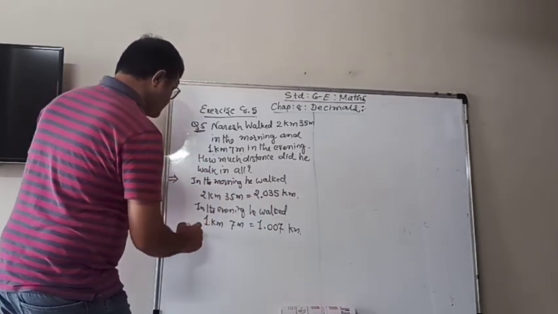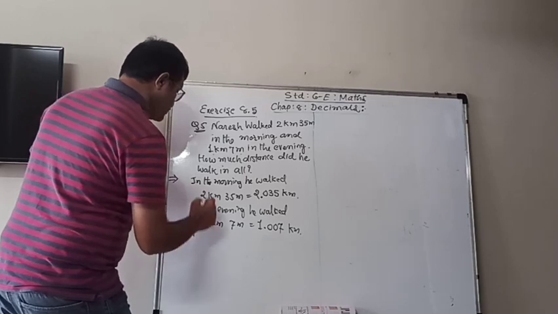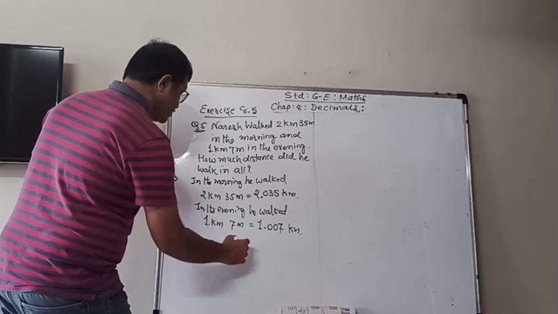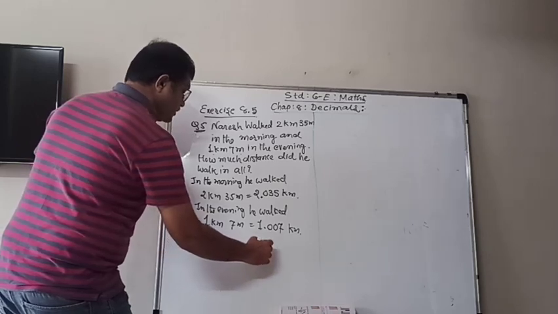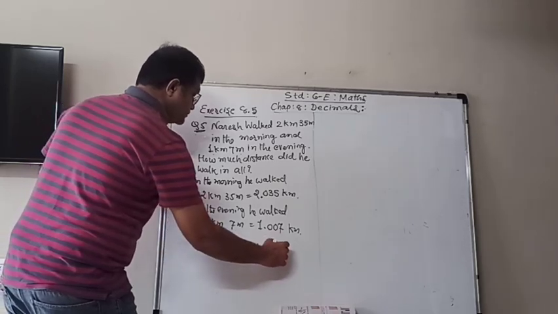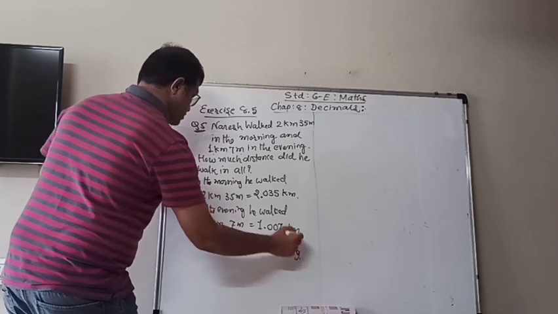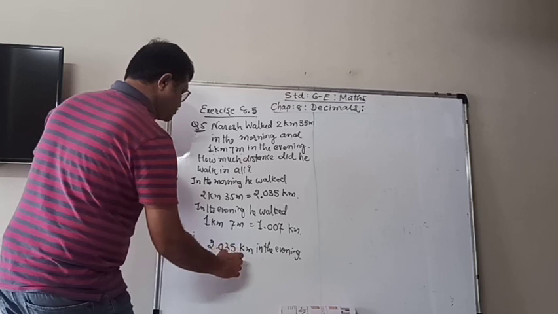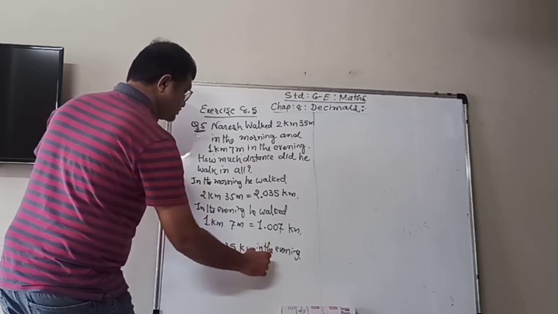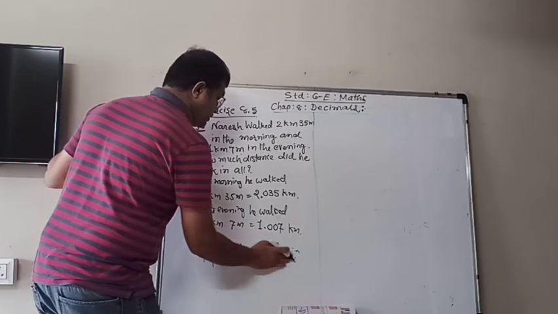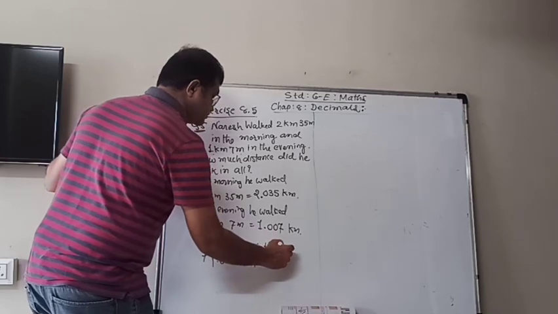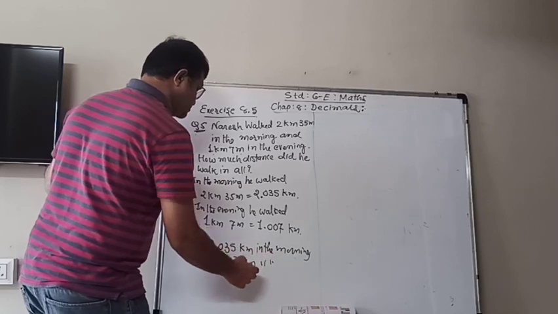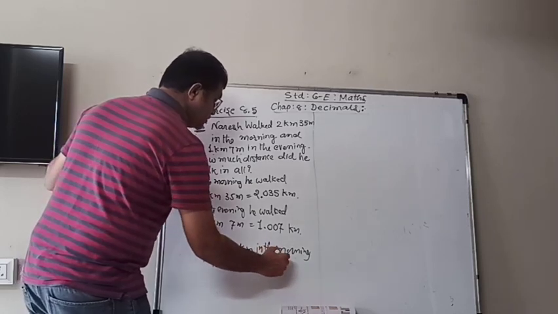So now we have to add them: 2.035 kilometer in the morning plus 1.007 kilometer in the evening.